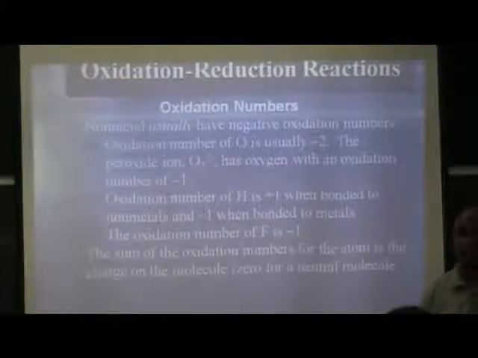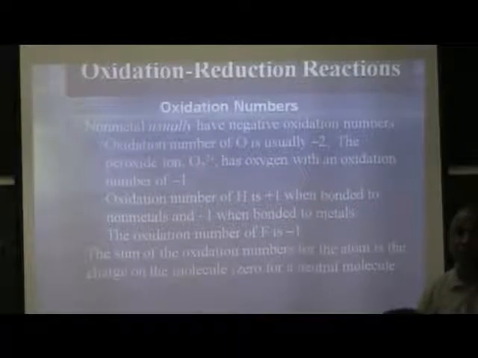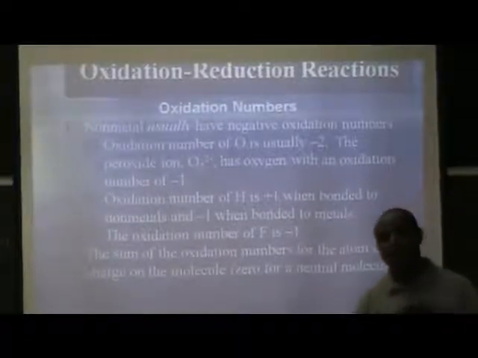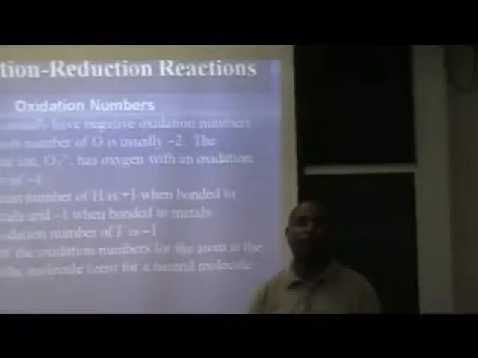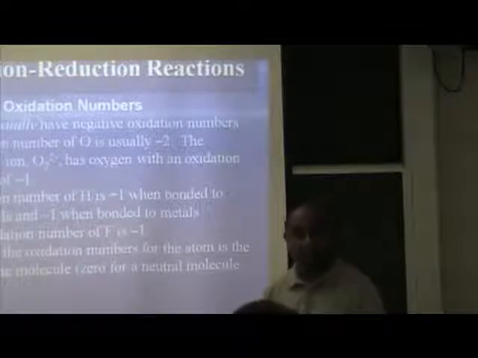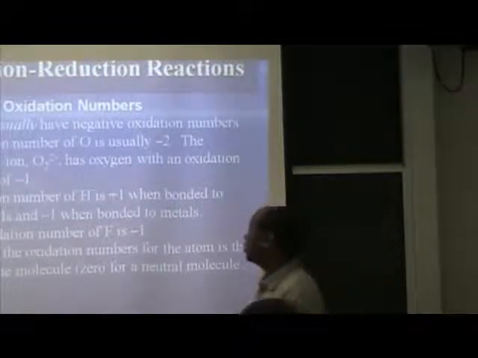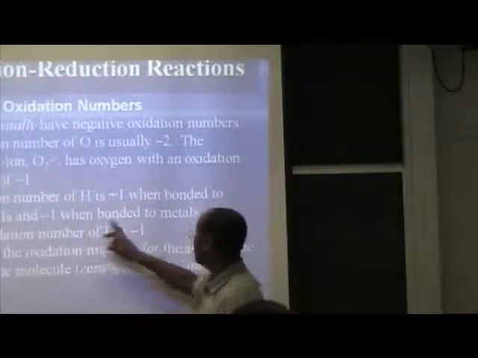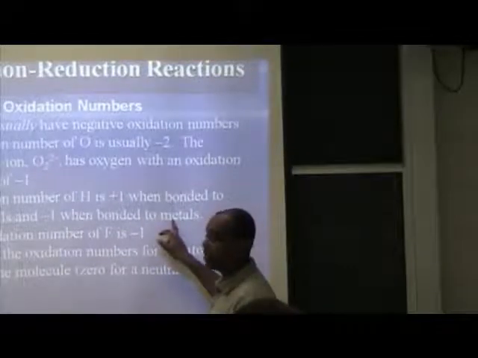What is NaH? Sodium hydride, right? In sodium hydride, what will be the oxidation number of hydrogen? -1, because the oxidation number of hydrogen is -1 when it's bonded to metals.